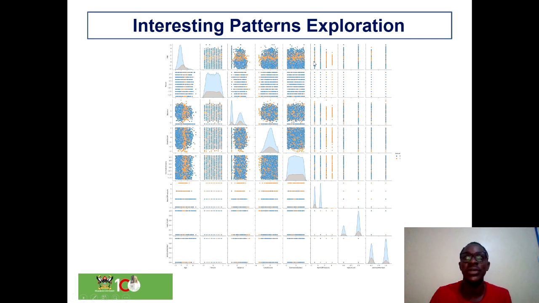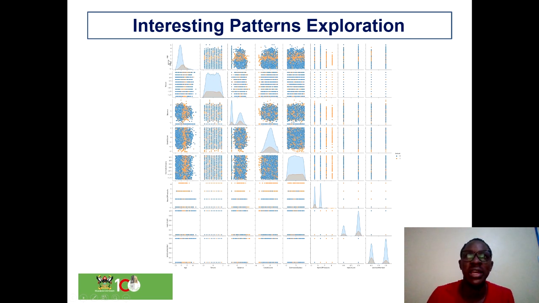From this we deduced that the introduction of the age feature gives us more information when combined with these other features, the age feature and the number of products. For other scenarios, for example when we combine balance and the other things, there's not a lot of information to pick from there.